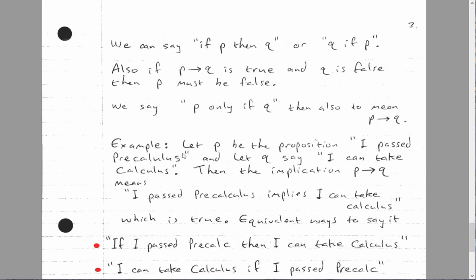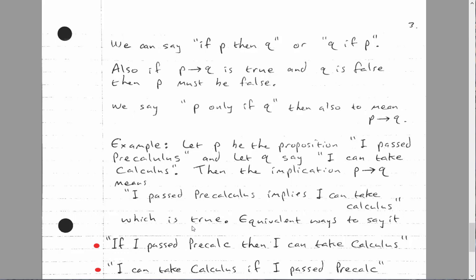Alright, so time for an example. Let P be the proposition I passed pre-calculus. Let Q say I can take calculus. Then the implication P implies Q, just in English, is I passed pre-calculus implies I can take calculus.